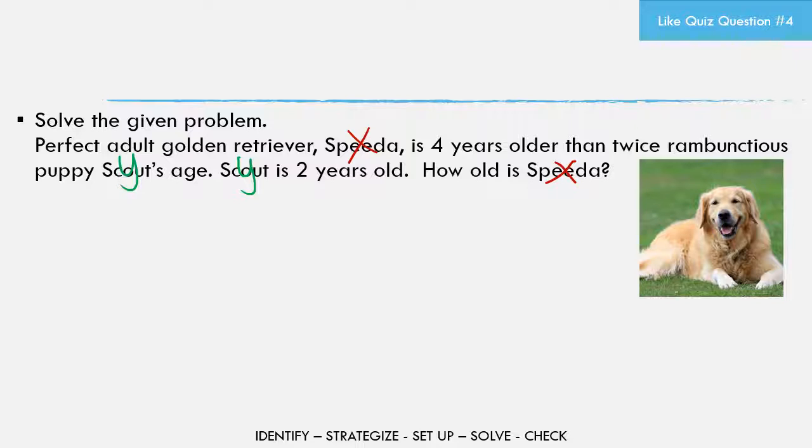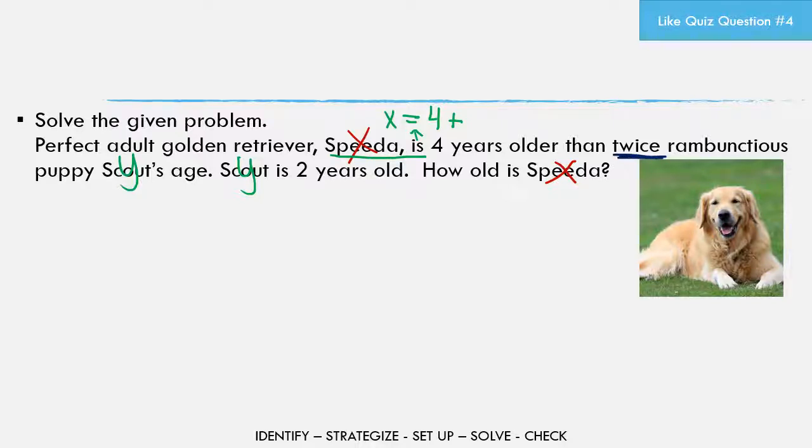Okay, so now let's go through here. It says that Speeda, or now we're thinking of Speeda in terms of x, is, and remember wherever we see the word is, that means equals. So x is 4 years older. If we think of 4 years older, we're thinking of more than, so we're going to be adding 4. 4 plus, and then it says twice.